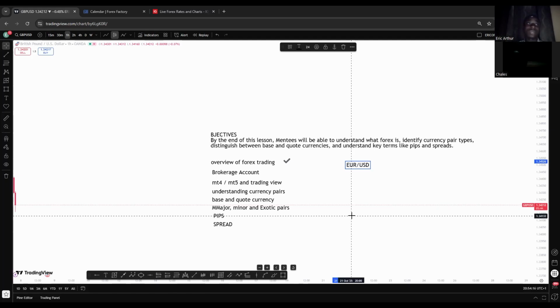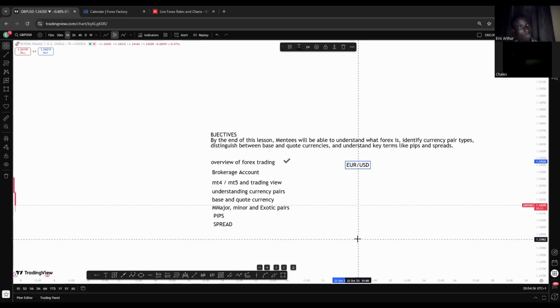And how does the market work? Can you tell me something about how the market works? No idea?